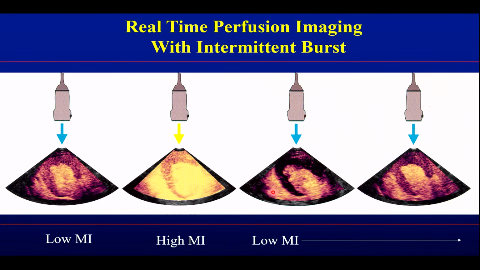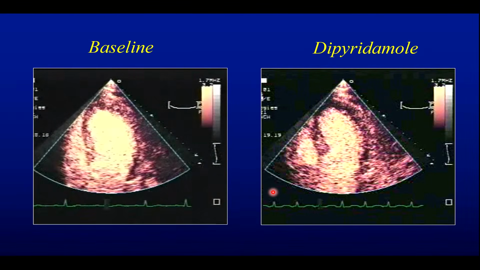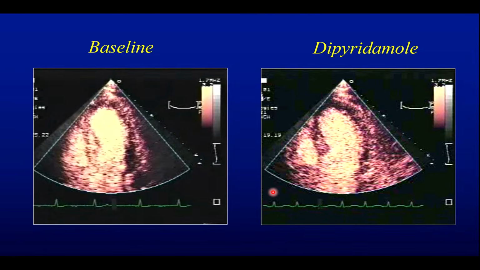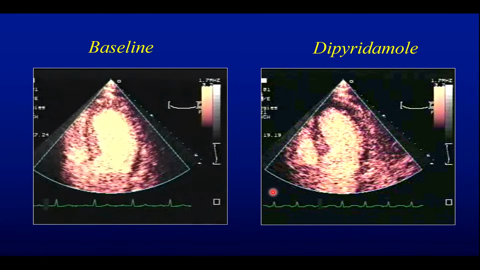And this is an example of contrast that you could see very nicely with a little flash of high mechanical index, where you gradually can quantitate in our patients. Somebody had a one see that there is contrast even in the apical area, which is abnormal.